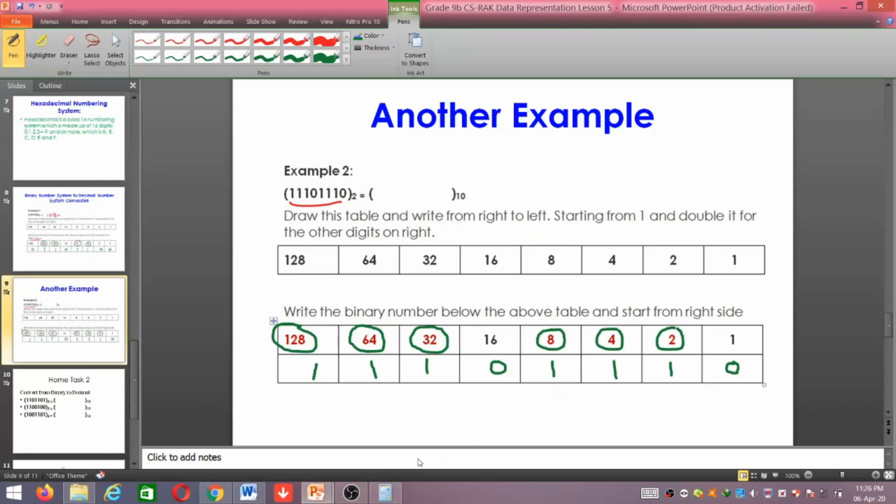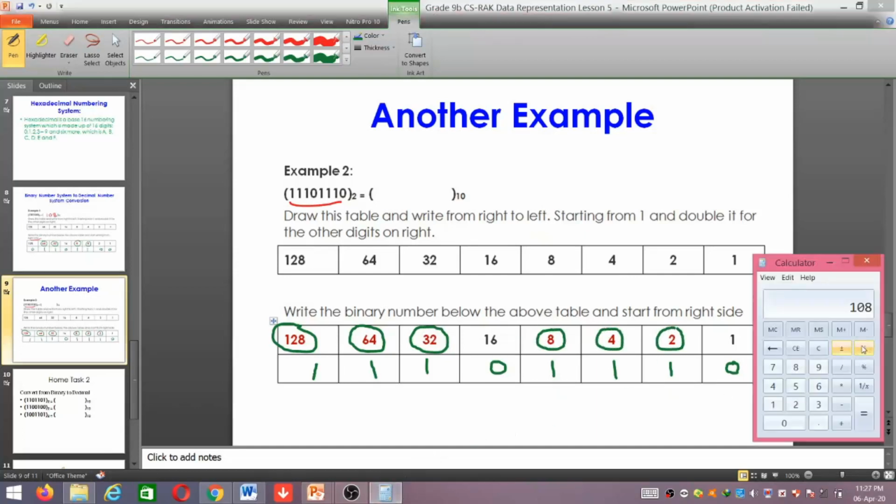Let me take the calculator again and we will do it here. Okay, see now, 128 plus 64 plus 32 plus 8 plus 4 plus 2.